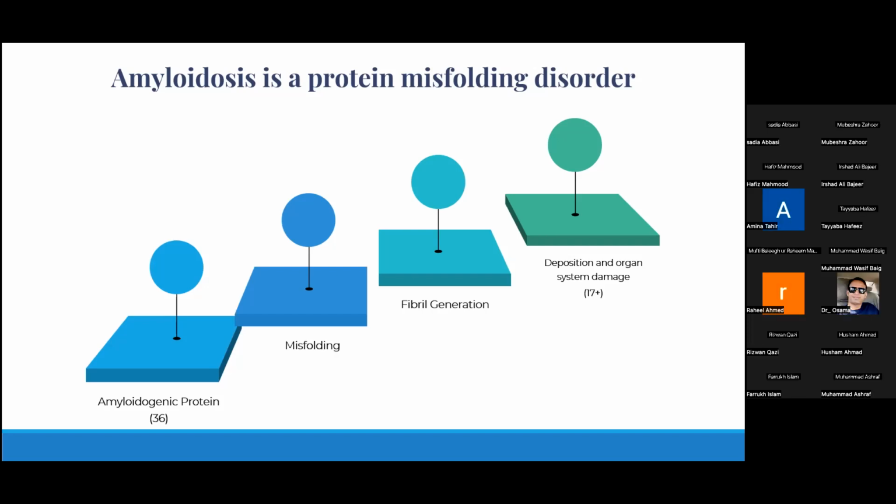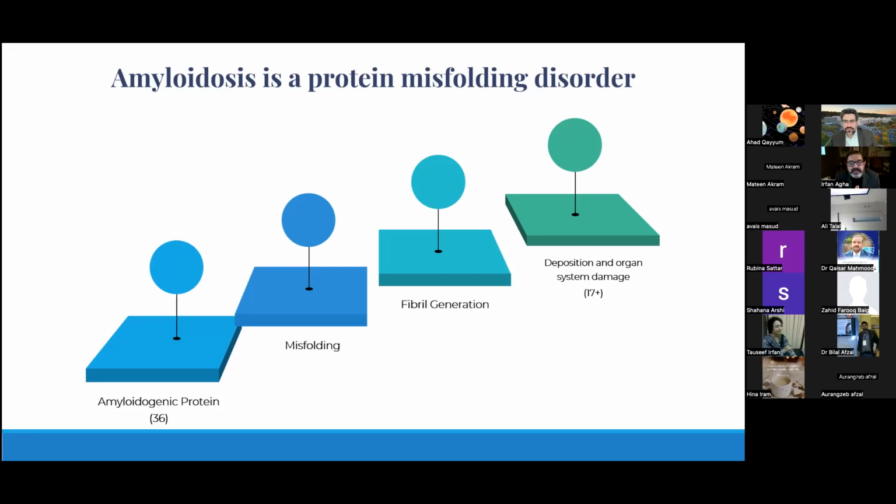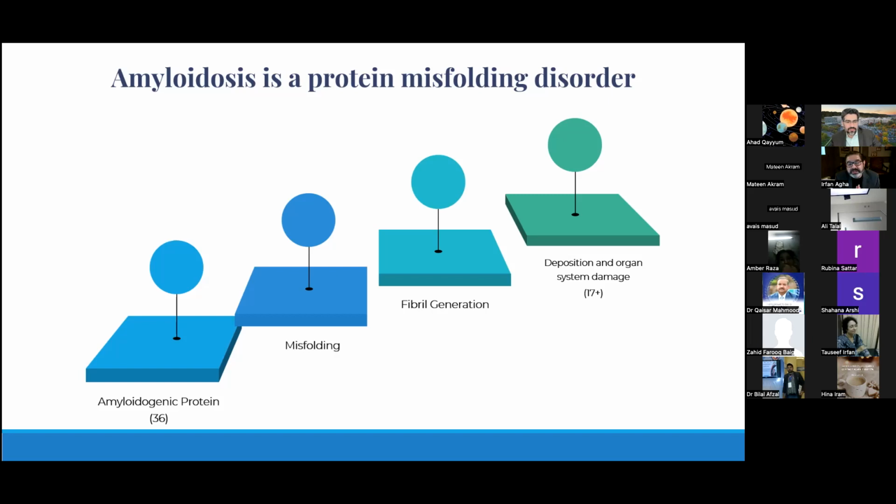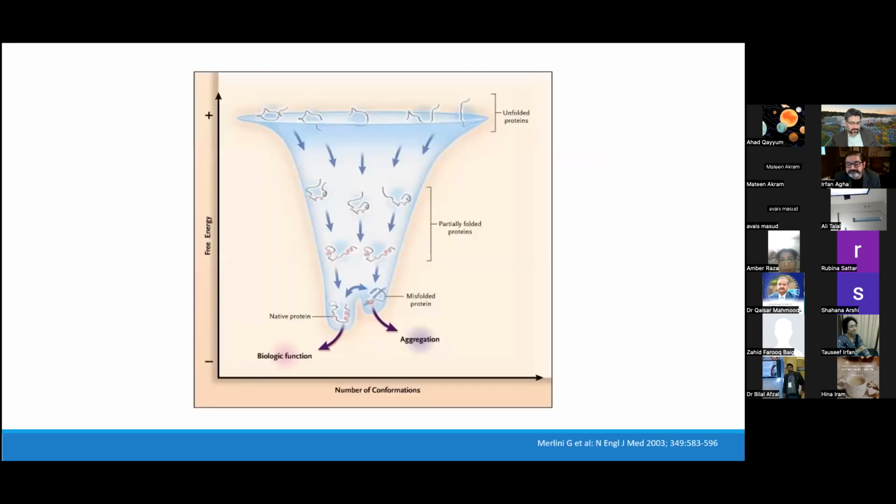When the fibrils are generated, they start depositing into organ systems and cause damage. There are more than 36 amyloidogenic proteins that are known. Out of those, about 17-ish are known to cause disease. That's the basic premise. It's not complicated. When we try to lump them into buckets, this disorder becomes easier to understand.